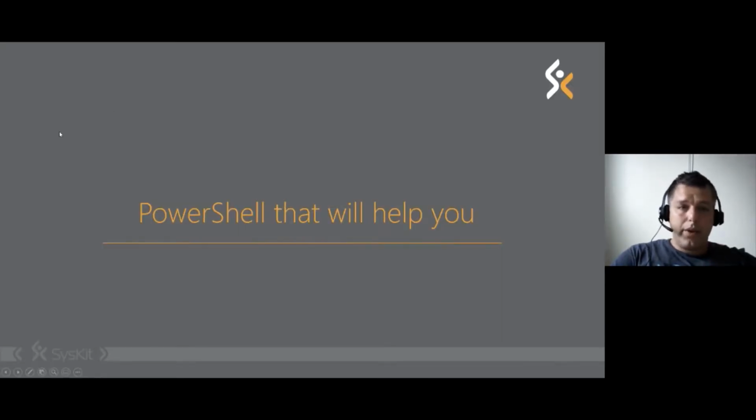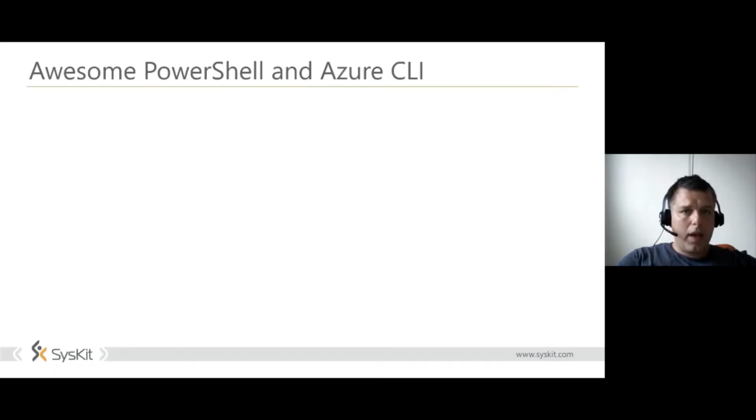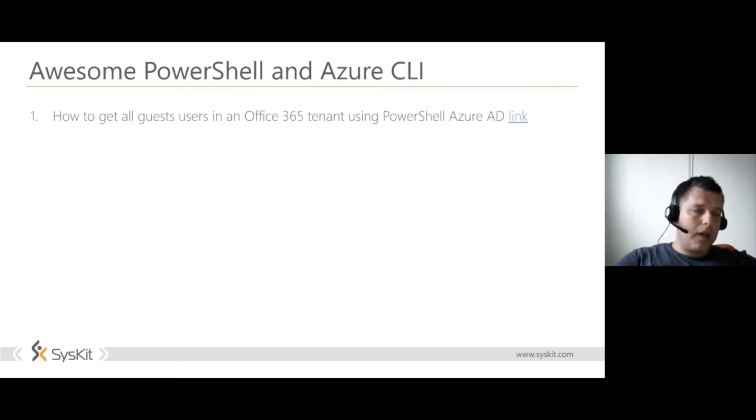So I have for you a few PowerShell scripts that will ease your life in all this guest users and sharing links and stuff like that. So of course you will receive this presentation later on, and there will be links inside the presentation where you can download these various links that I used personally as well.